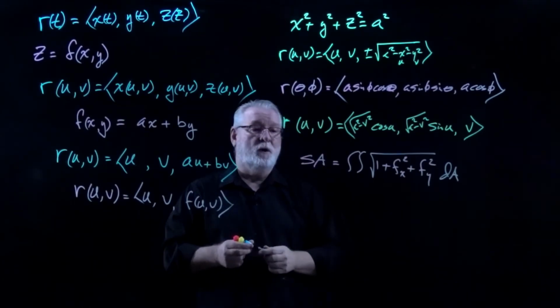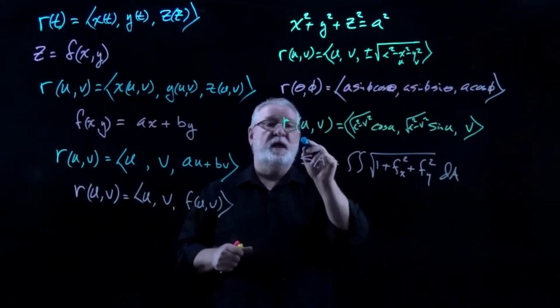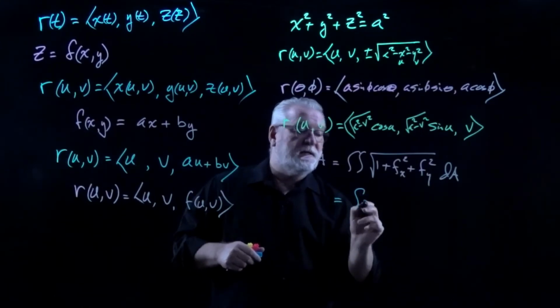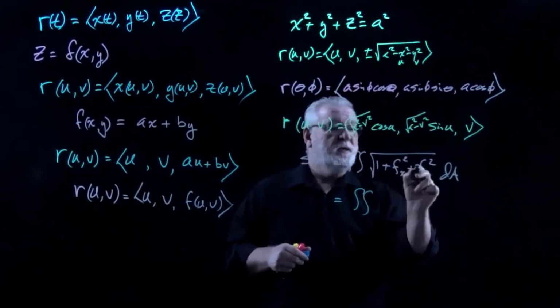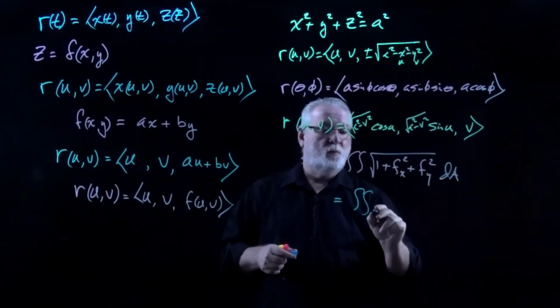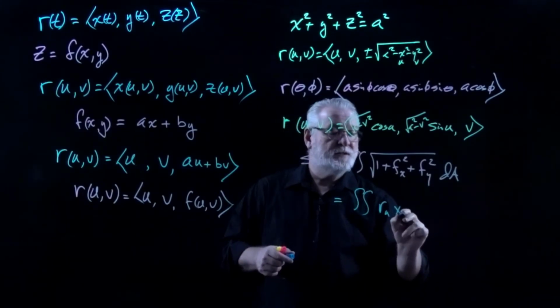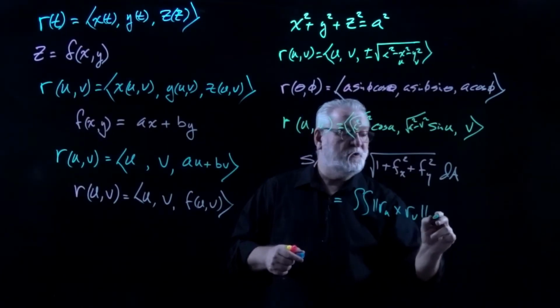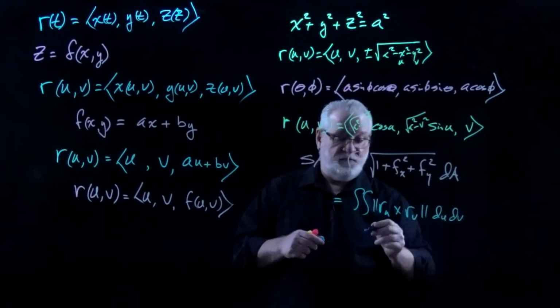So our new surface area then is going to be the same vector function. I'm going to take the double integral, but now it's going to be the magnitude of these two partials. So I want r of u crossed with r of v, and then I'll take the magnitude of that, du dv.